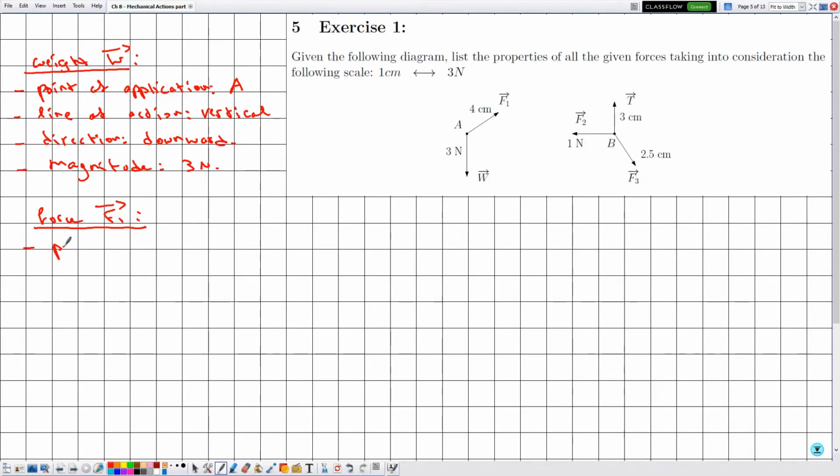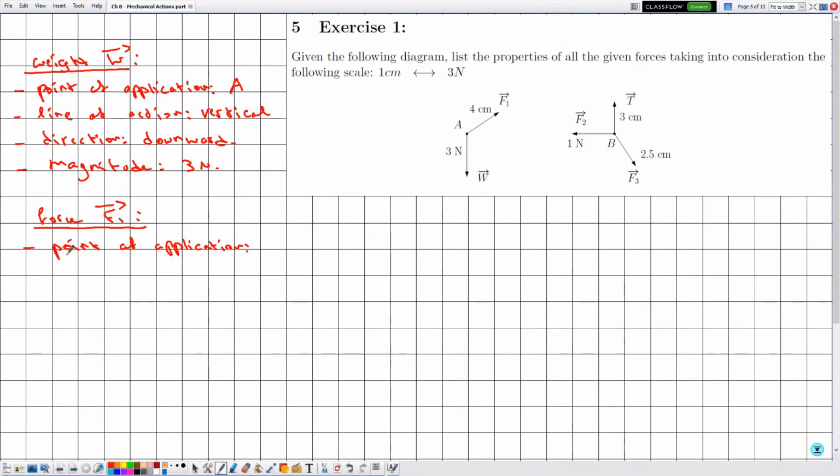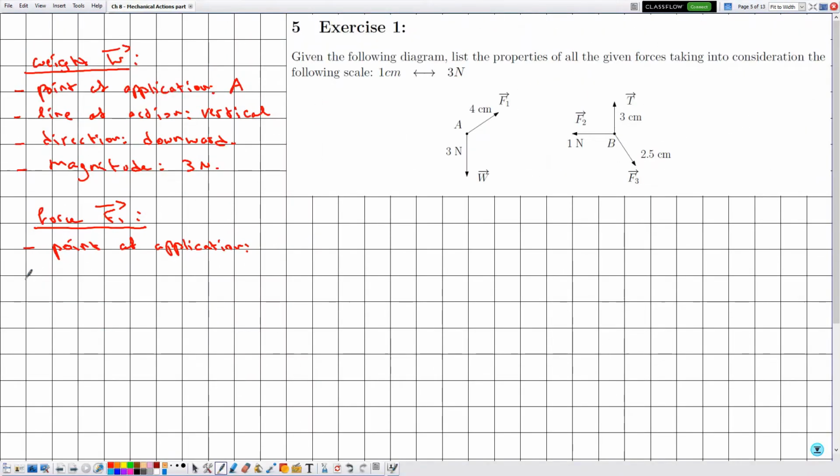Let me say the point of application. As you can notice, I have listed these properties in the following order: point of application, line of action, direction, and the magnitude. Without exception, the properties of the force F1 will be listed P, L, D, and M.